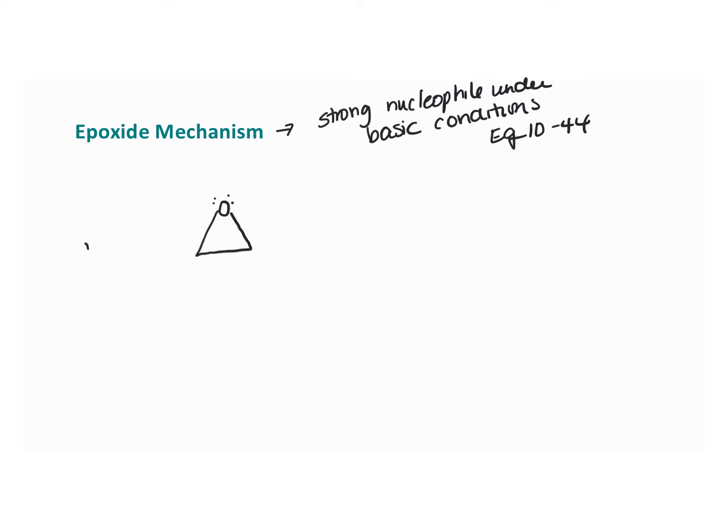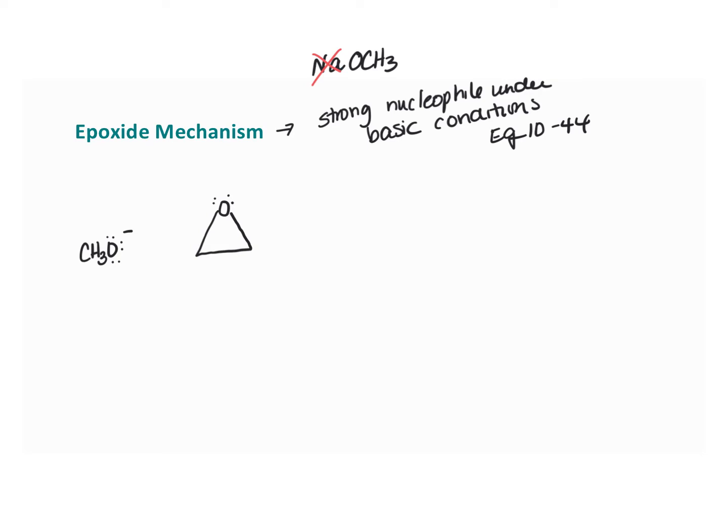So in the first step, we have CH3O minus. When you go back and look at that, you're going to see that it's listed as NaOCH3. But remember, Na is a spectator ion, so we can get rid of that. The first thing that happens is the epoxide is attacked by the nucleophile in an SN2 step.